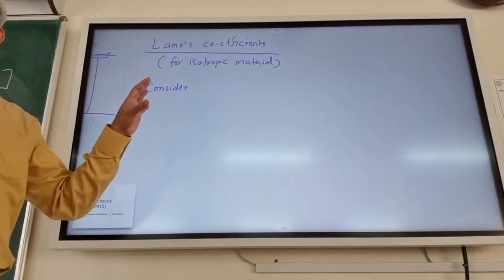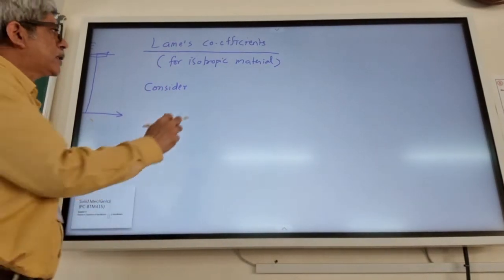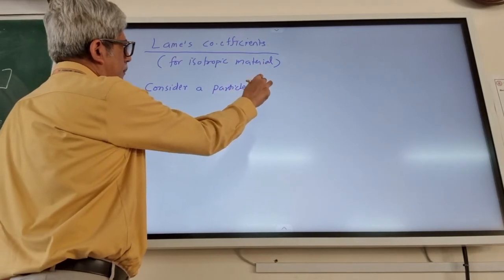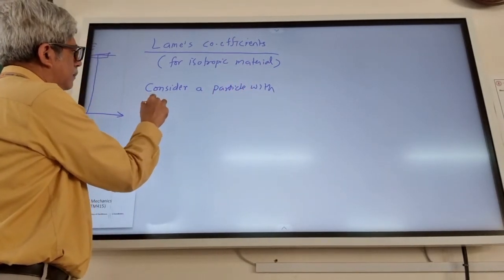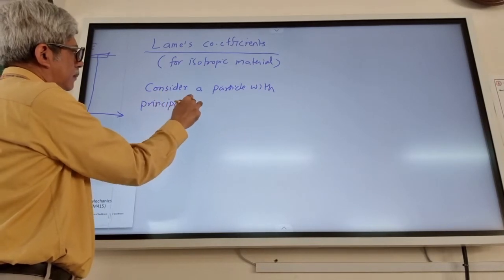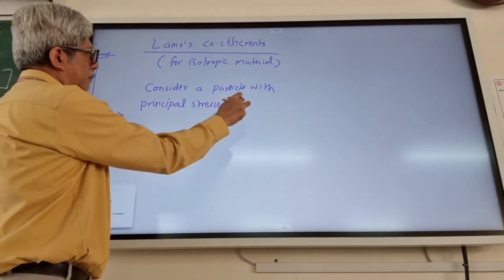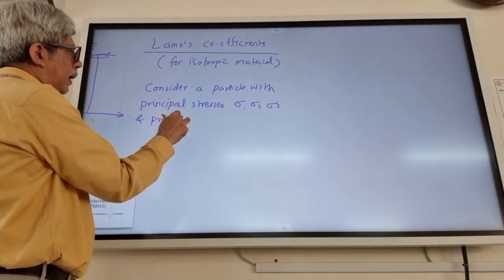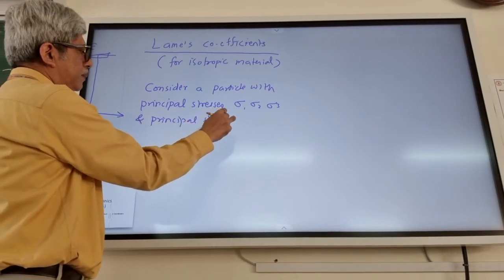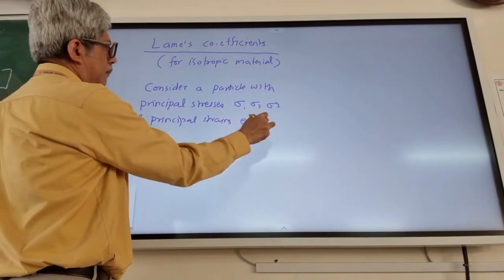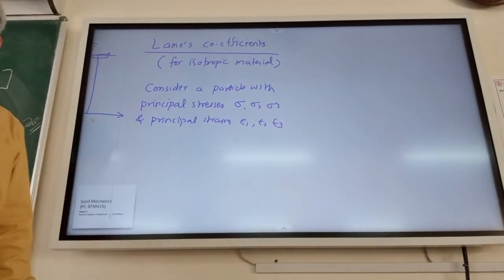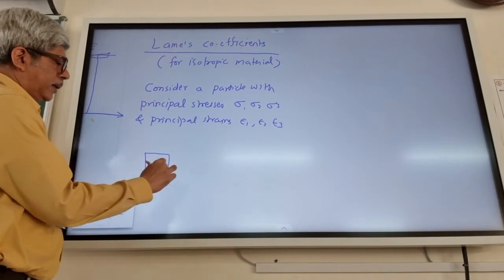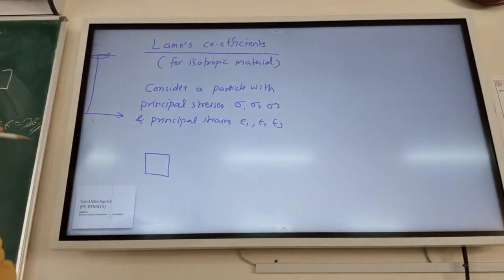So consider a situation where you have a particle which is having principal stresses and principal strains, and you choose a coordinate system such that your axes are aligned in the principal directions.